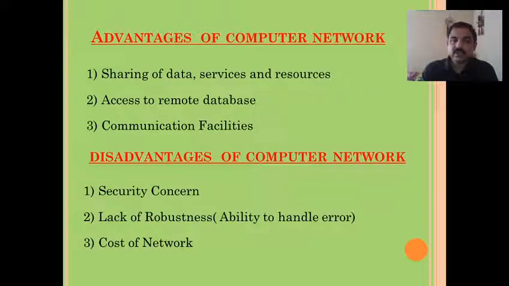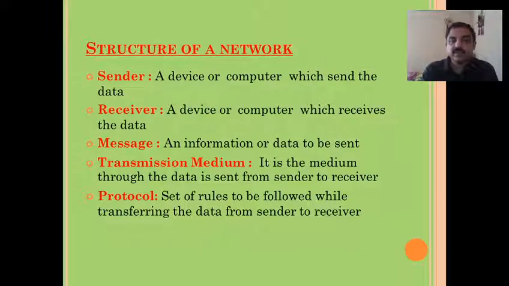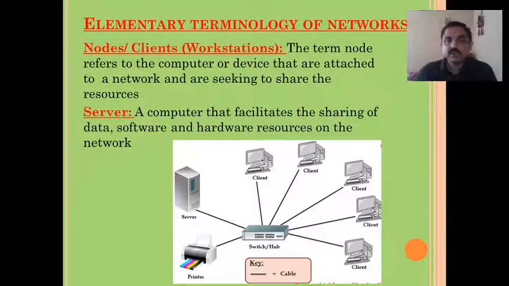It has its own advantages and disadvantages. Advantages are sharing of data, accessing data in a remote location, and communication facilities. Disadvantages are security concern, ability to handle errors, and cost factor. Then the structure, that means the main things involved in a computer network: sender, receiver, message, transmission medium, and the protocols.